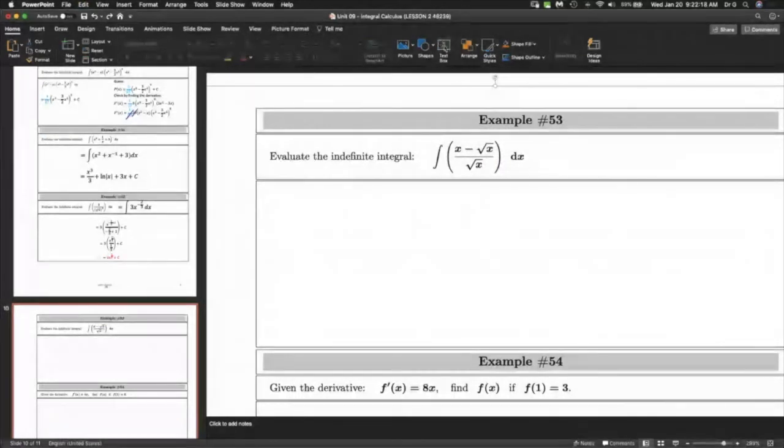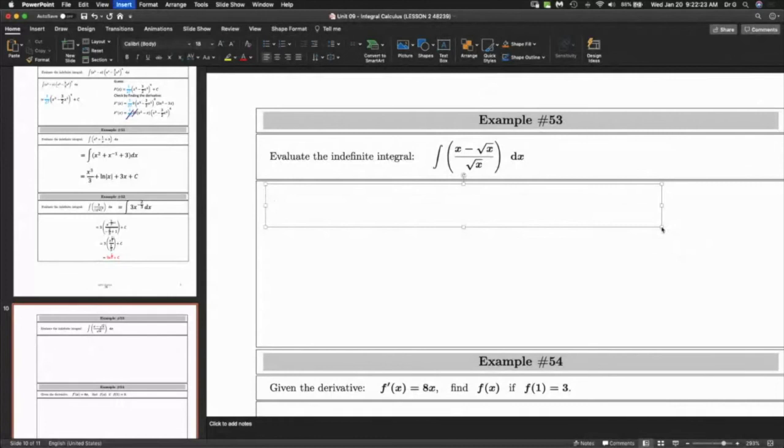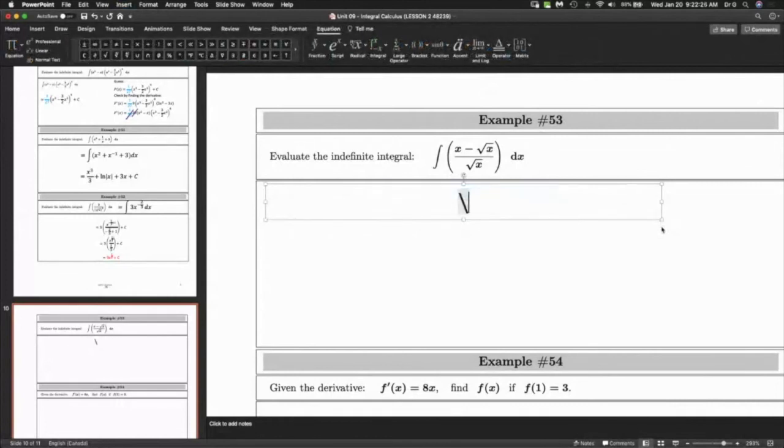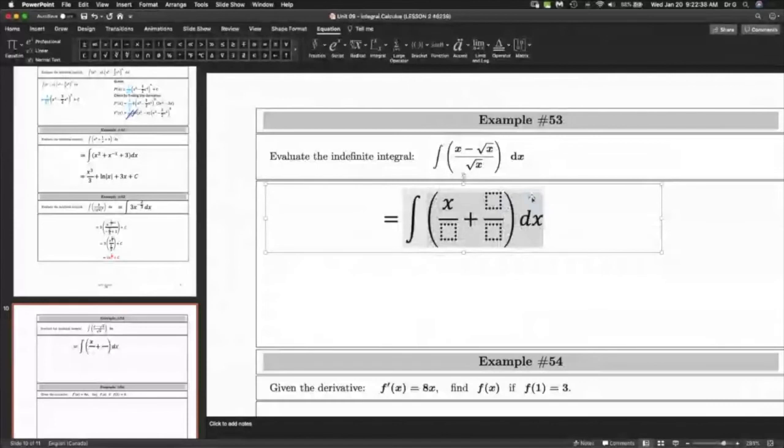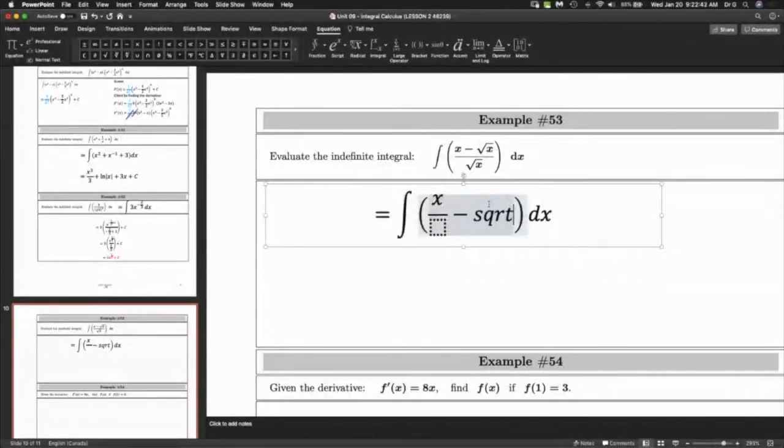Anyway, the idea here is that you could split it into two integrals, into two terms. You could write it as x over plus like that, and then here, that's a minus sign, sorry.